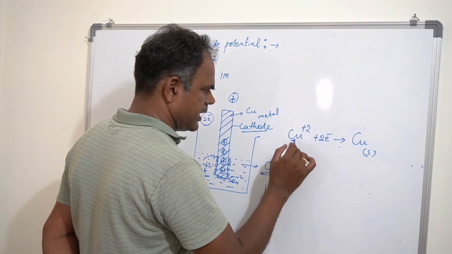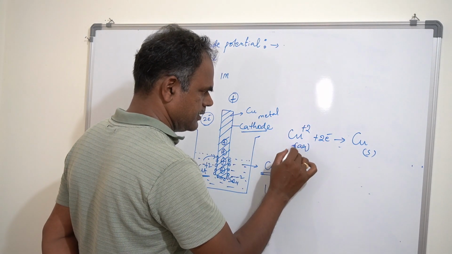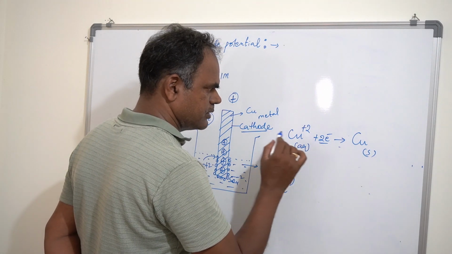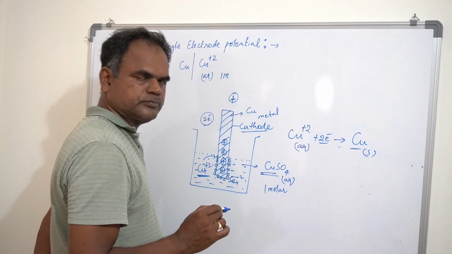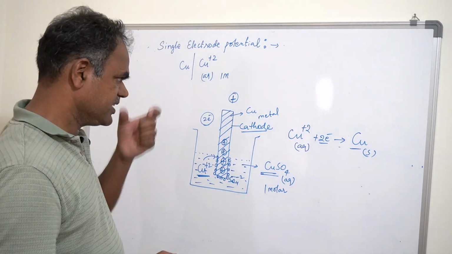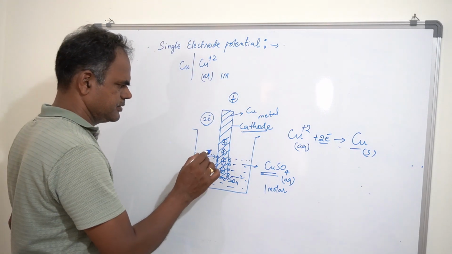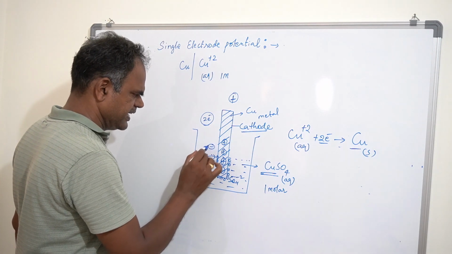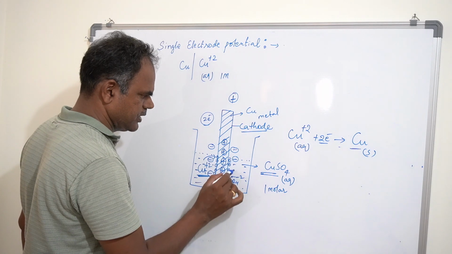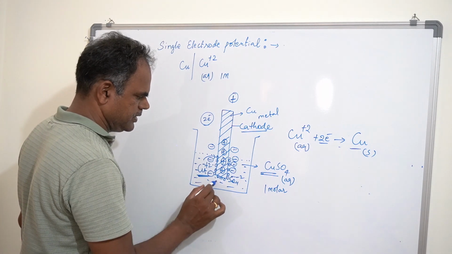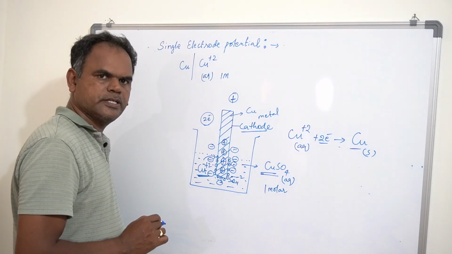Now cupric ions in aqueous solution gain 2 electrons and get reduced to copper metal. The copper metal atoms deposited on the surface give a negative charge over it. You can see negative charge being formed on this metal plate.